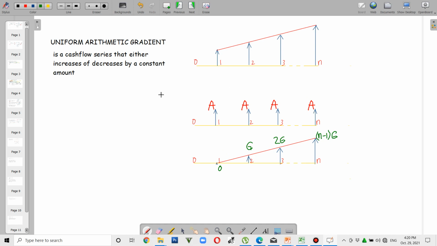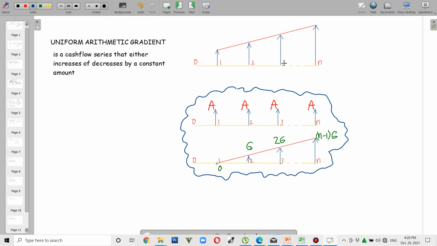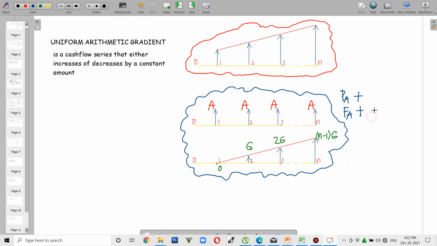At any rate, we have this cash flow diagram. Itong cash flow na to shall be equivalent to this cash flow. So meaning, we will just treat this as annuities, whether we use the present worth or the future worth out of annuity, plus the present worth of the gradient.